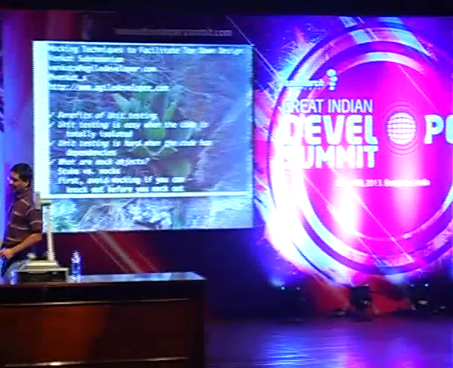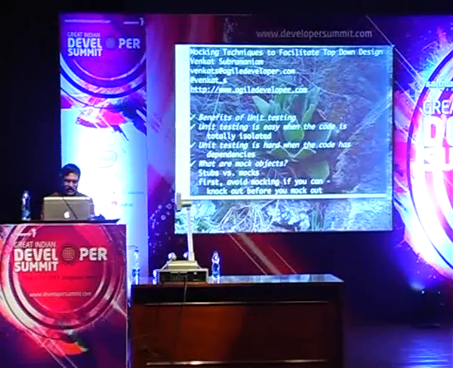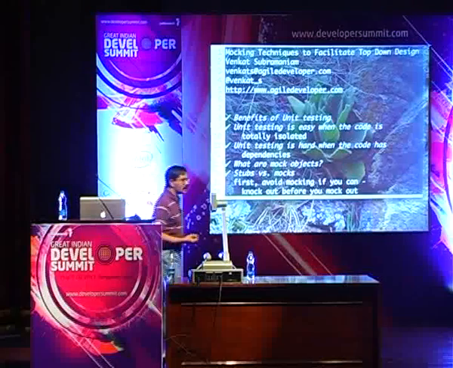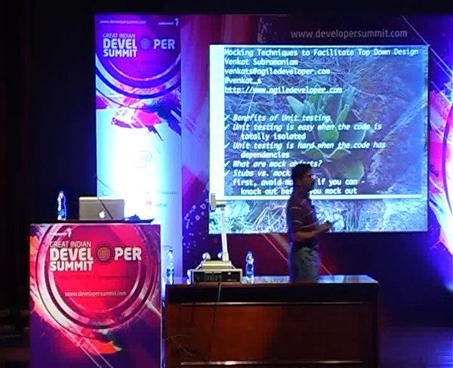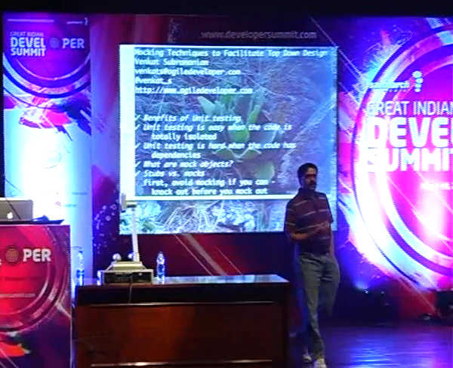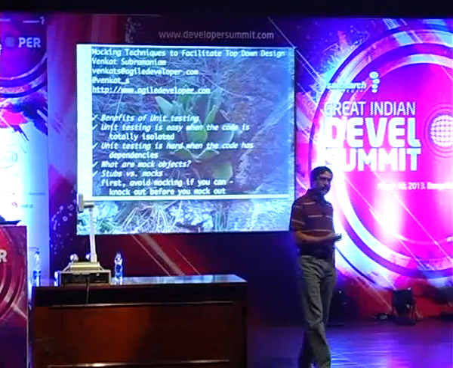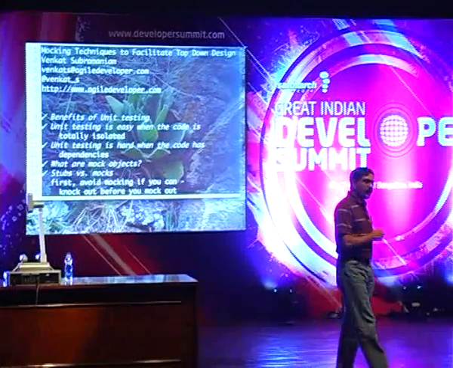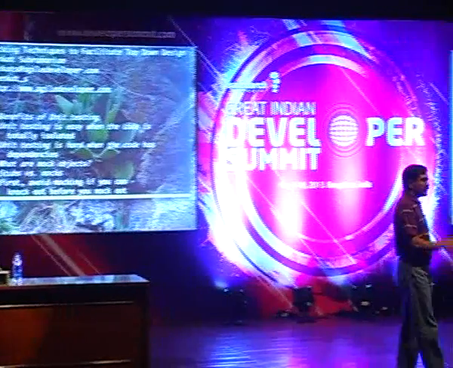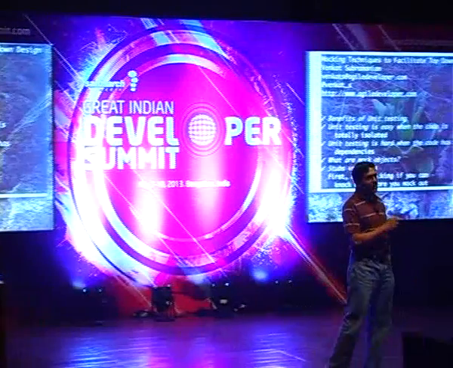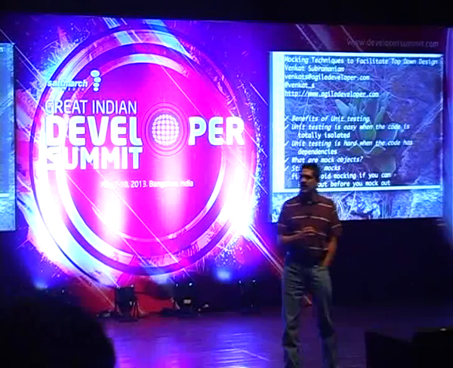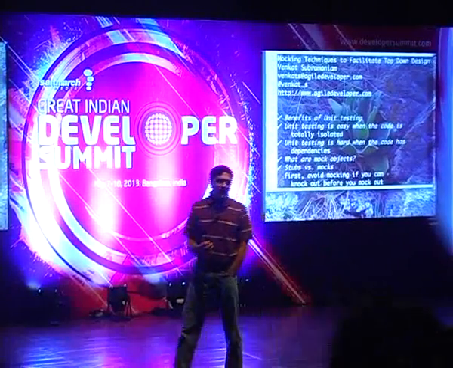Now, just to quickly address this, there is a distinction between stubs and mocks, and I'm not going to go into the distinction very often because I tend to use these two terms fairly interchangeably. But just to set the record straight, there's a difference. A stub basically stands in for another object.